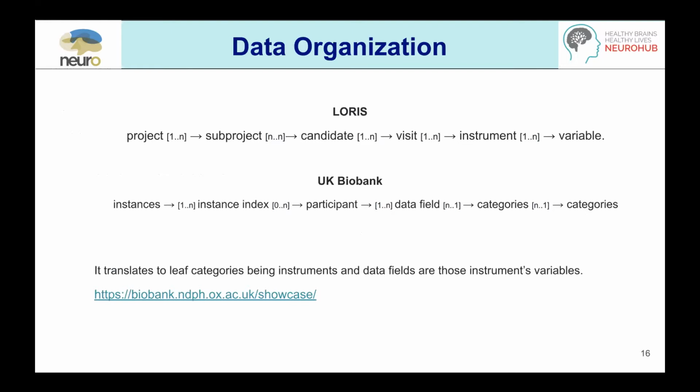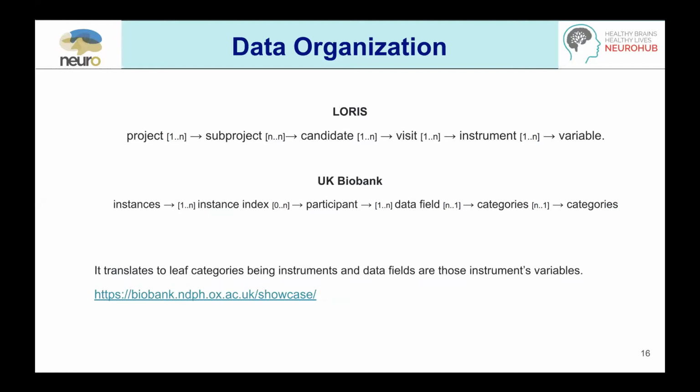As for organization, the typical Loris schema has one or many projects, in which there are a couple of sub-projects, and for each of them, participants or candidates are added. Each candidate has visits, and for those visits, there are instruments containing variables.